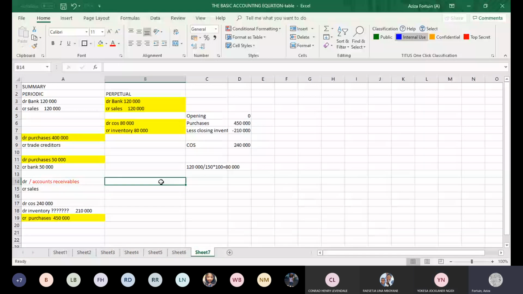Whereas a periodic, it's once a year, so there's no need to do it. You can just go count at the end of the year and then they update the system. So for every item sold, or issued, you then update.